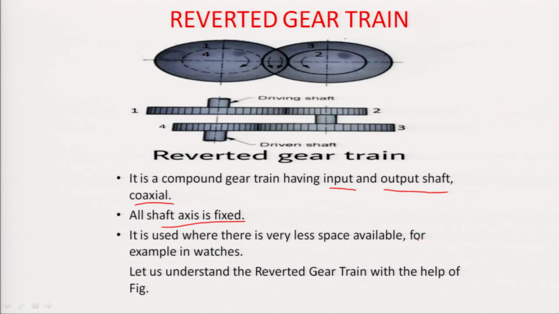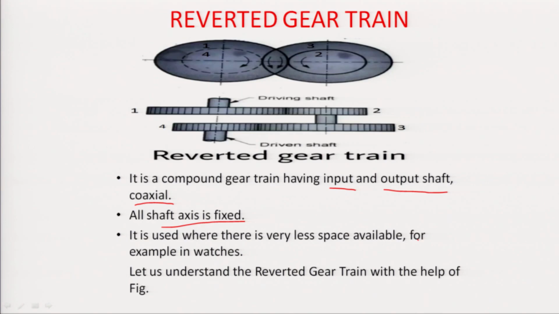Now, let us understand the reverted gear train with the help of a figure. In this figure, there are 4 gears: gear 1, gear 2, gear 3 and gear 4. Gear 1 is in mesh with gear 2 and gear 3 is in mesh with gear 4.